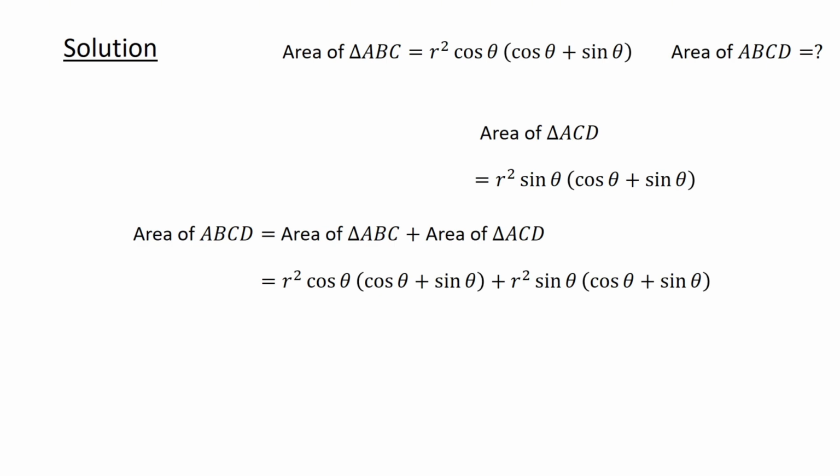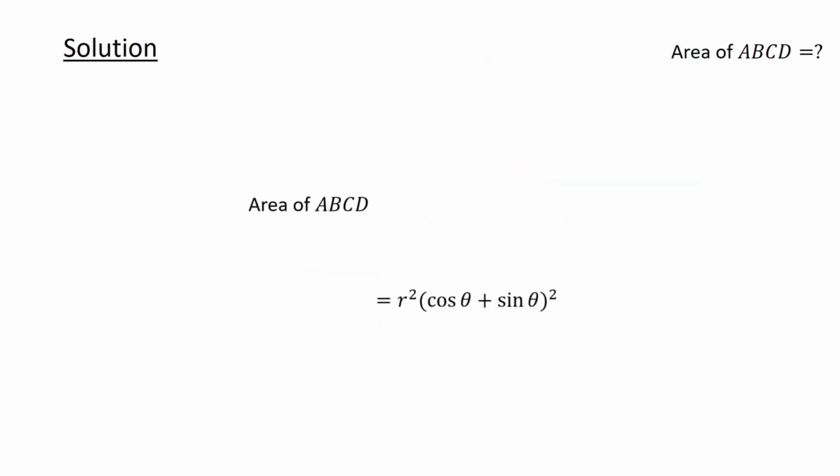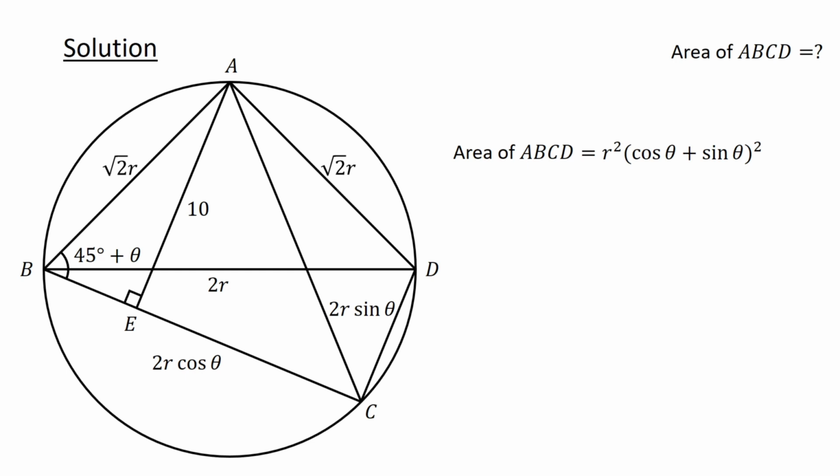Since (cosine theta plus sine theta) is common to both terms, the expression factorizes as r squared times (cosine theta plus sine theta) times (cosine theta plus sine theta), or r squared times (cosine theta plus sine theta) squared. To conclude, we need to find the value of r squared times (cosine theta plus sine theta) squared.